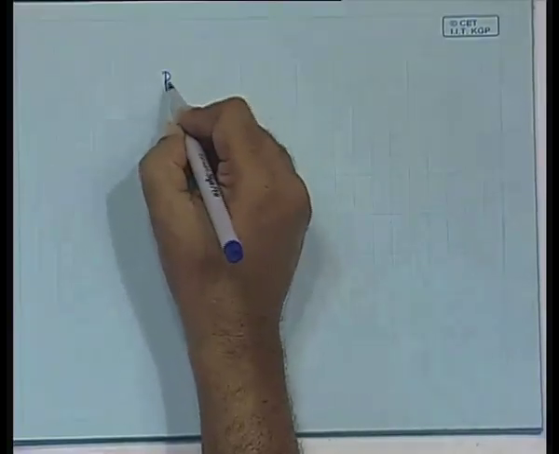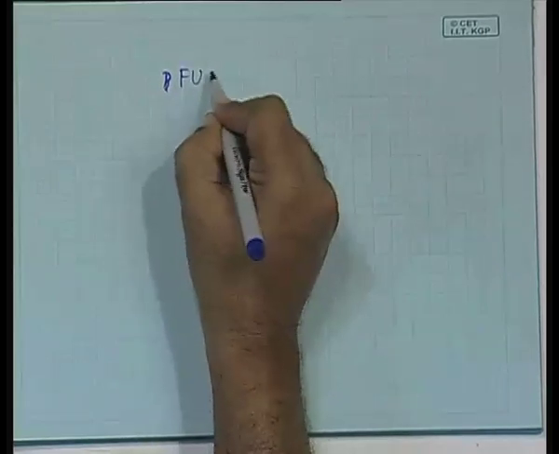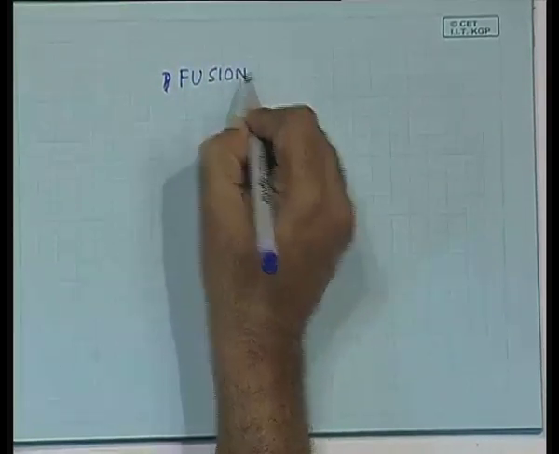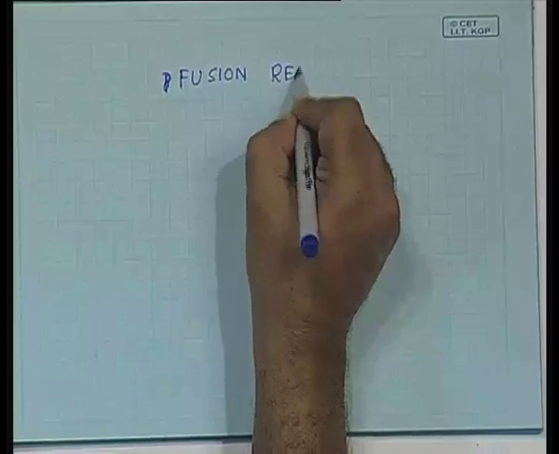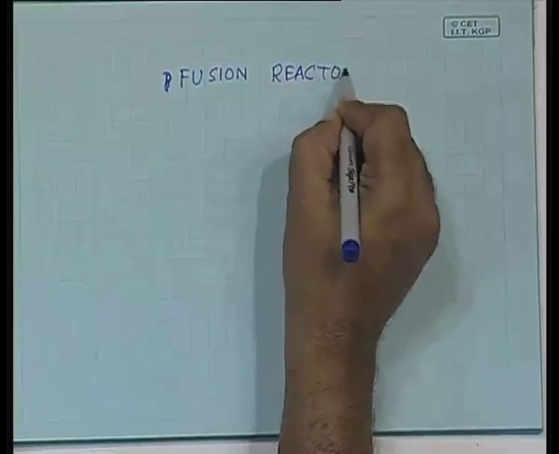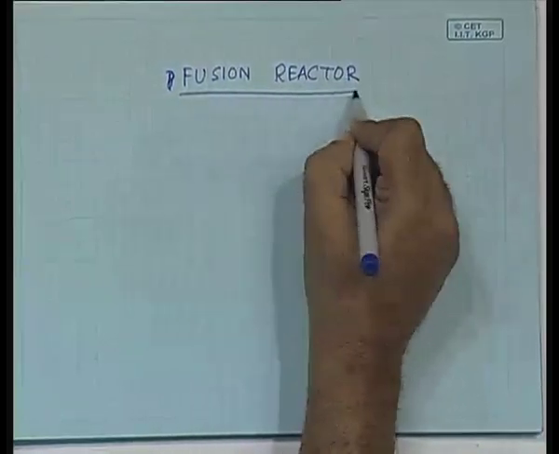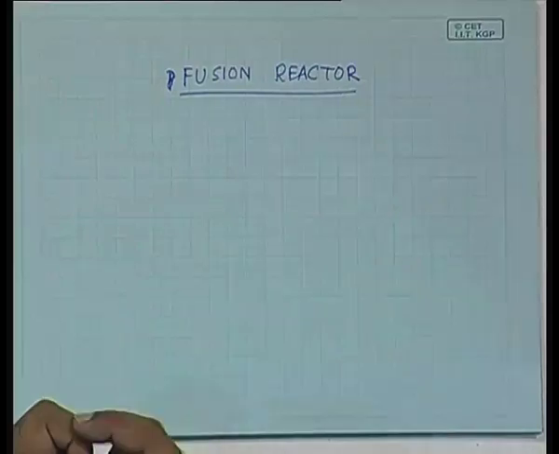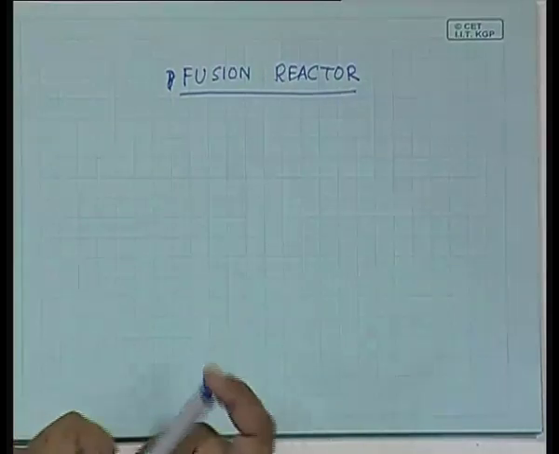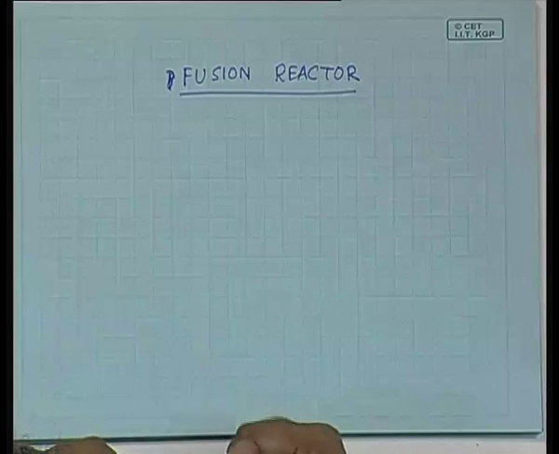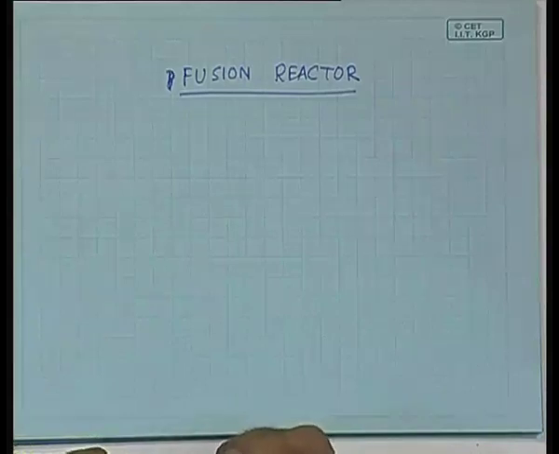One of the directions in which people are working, trying to achieve another type of reactor, is the fusion reactor. There is no fusion reactor as yet. This is a futuristic research initiative, but as energy engineers you should be exposed to that possibility.